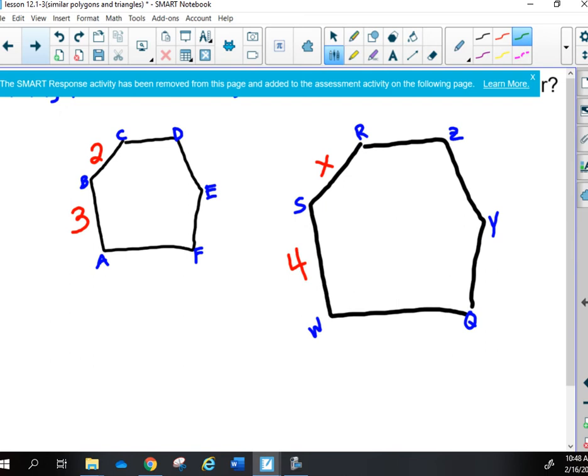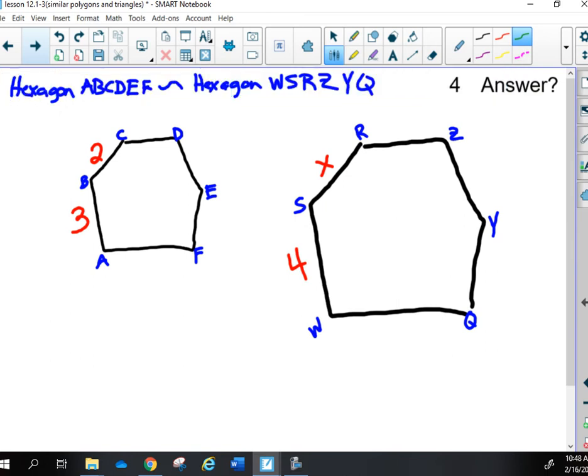Now, if I come over here and I tell you, here's the little similar symbol, it kind of looks like the congruent symbol with the little squiggly line above it. And this is saying the first hexagon, ABCDEF, is similar to hexagon WSRZYQ. Now, if they are similar, what I automatically know is all the angles are the same, because I know similar polygons have all angles equal.